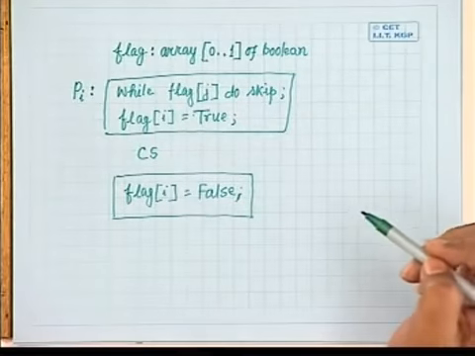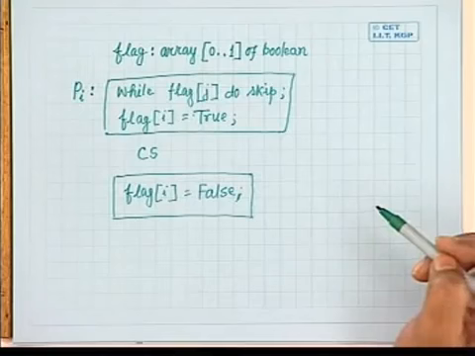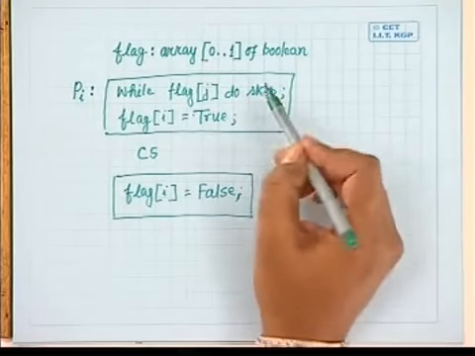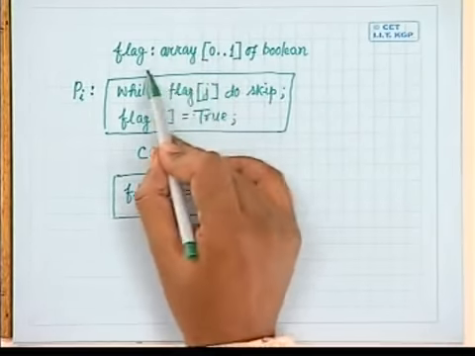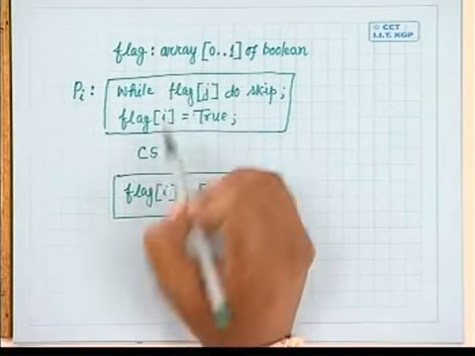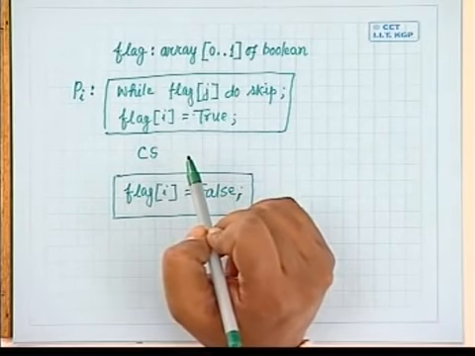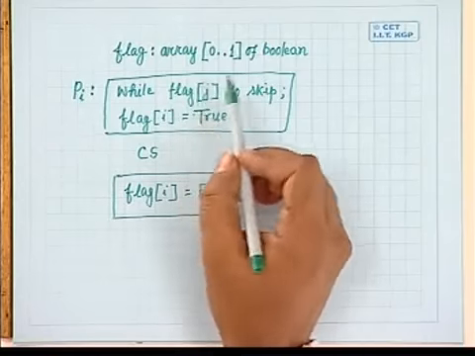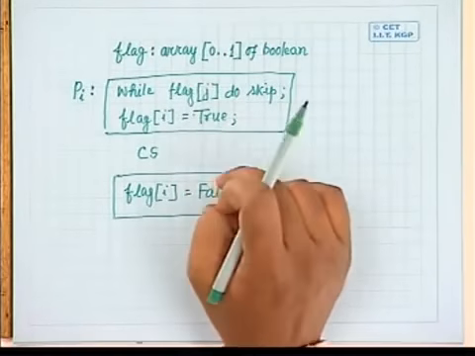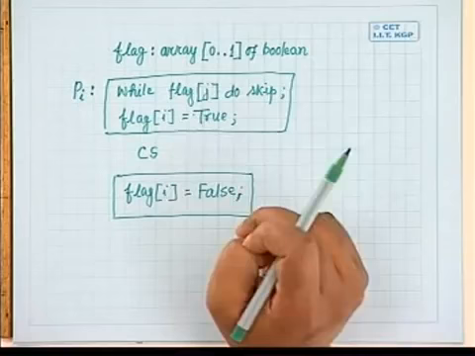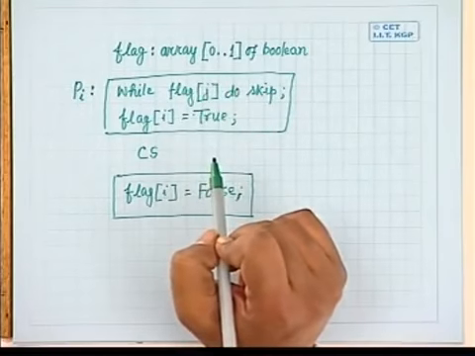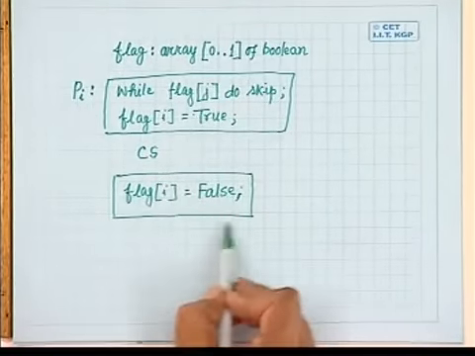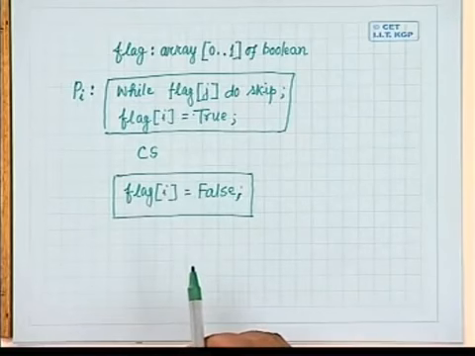Now, if you want to analyze this, you find that initially both the elements of the array flag are false. So if at any point of time there is no process executing in the critical section, both the elements of flag will be false. That is also ensured in this exit section.